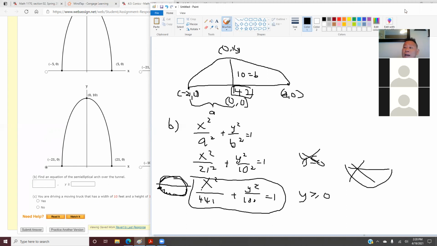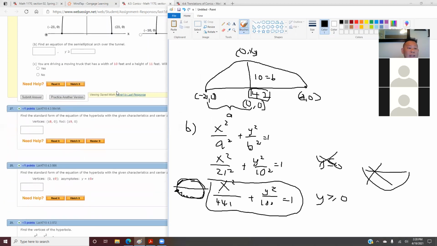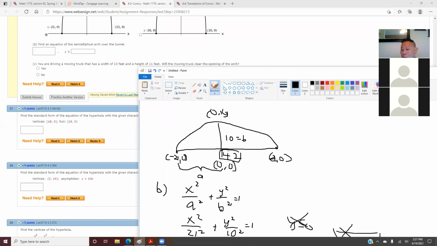And then part C asks: if you have a truck with a width of 10 feet and a height of 11 feet, can this truck go into the arc? Don't forget, this is a one-way road, so you're driving right through the middle.